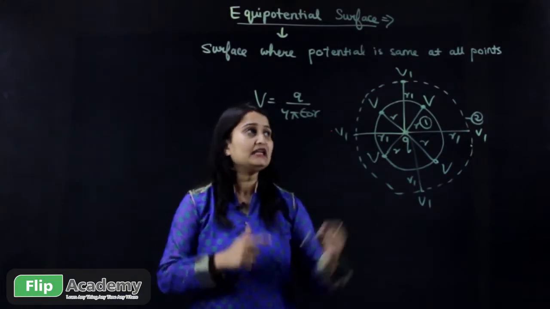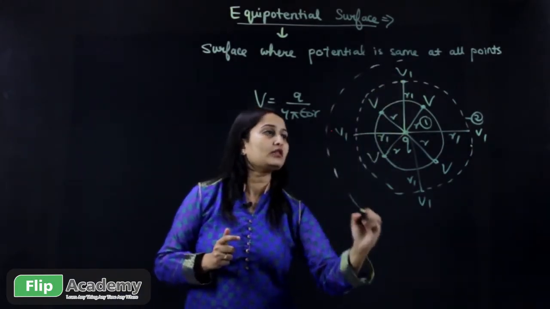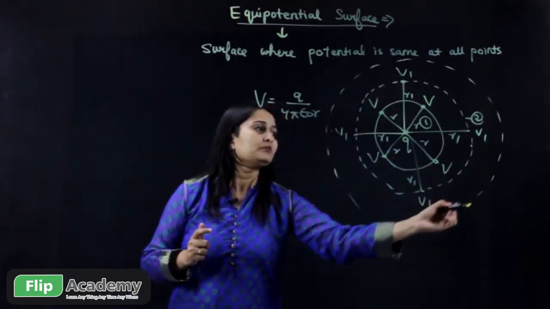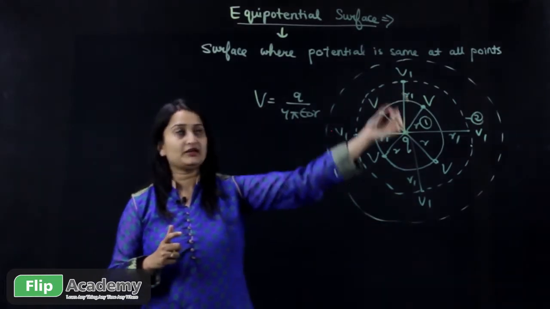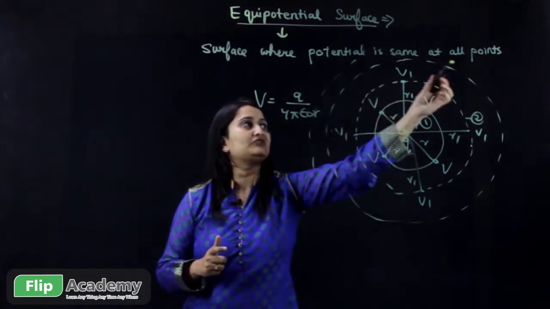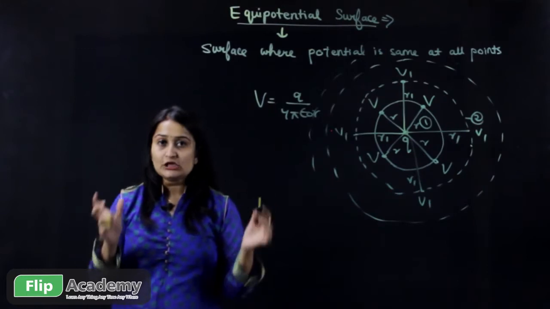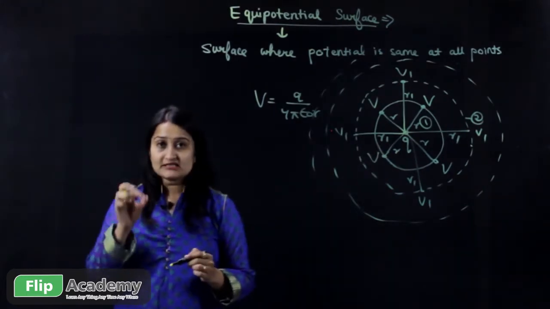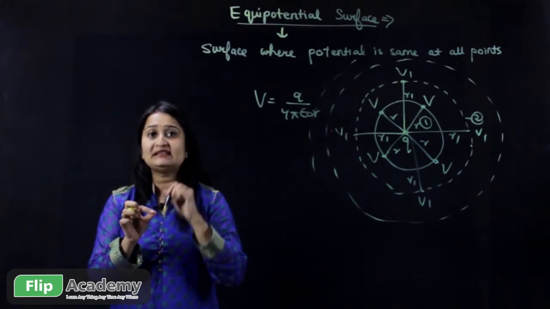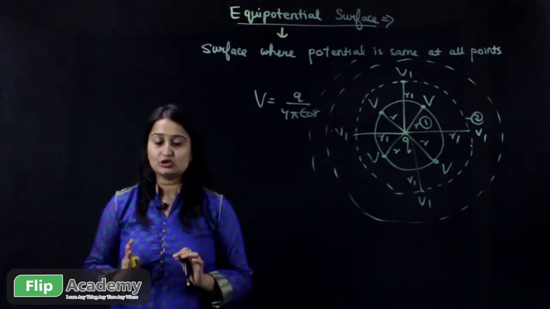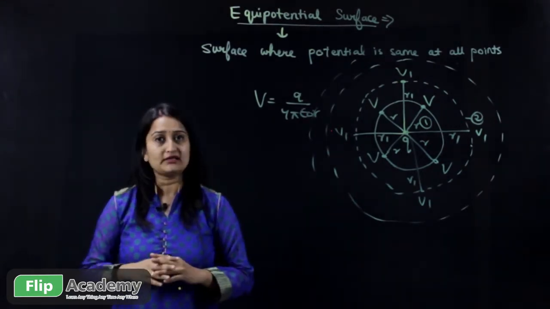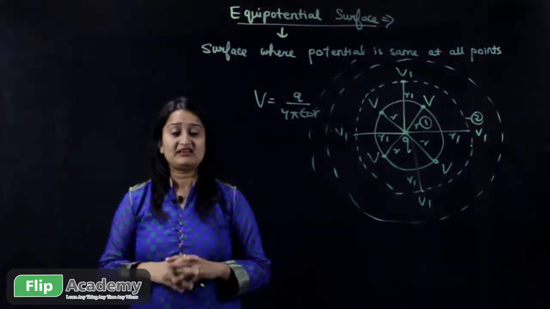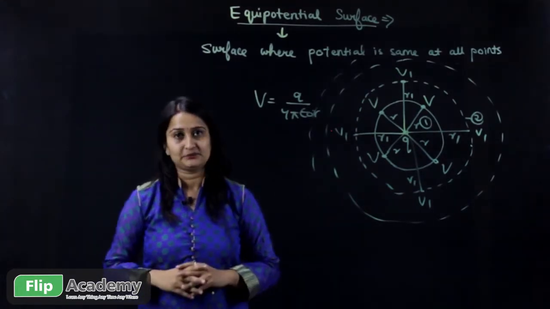Likewise, if you take more than two or three spheres and keep adding them, they all become equipotential surfaces for the point charge placed at the center of all these spheres. So we can say that for a point charge, the equipotential surface is spherical.